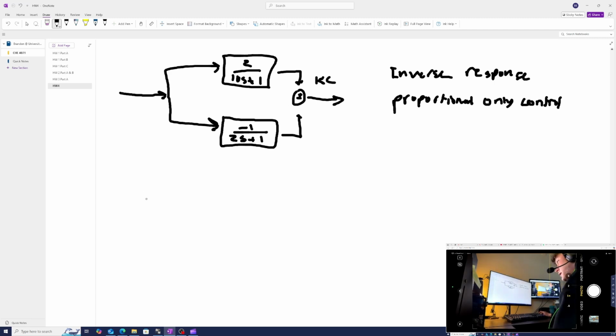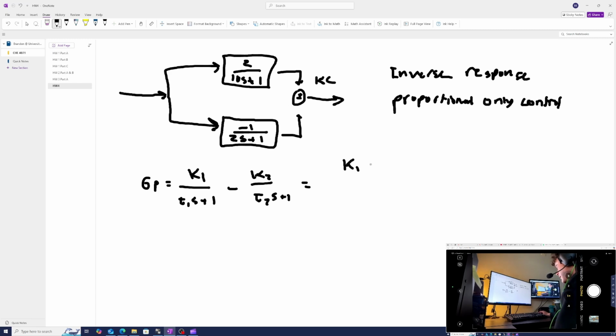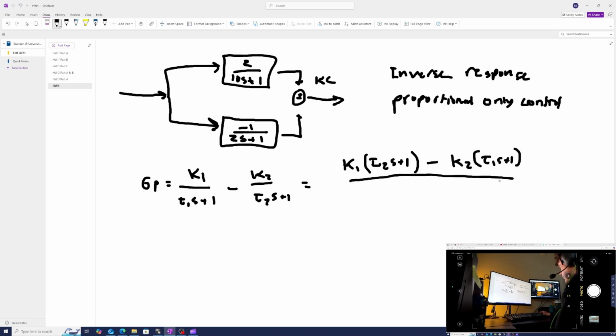So we know for our inverse response, our GP is going to be equal to K1 over tau 1 S plus 1 minus K2 over tau 2 S plus 1, which simplifies to K1 times (tau 2 S plus 1) minus K2 times (tau 1 S plus 1), over (tau 1 S plus 1) times (tau 2 S plus 1).